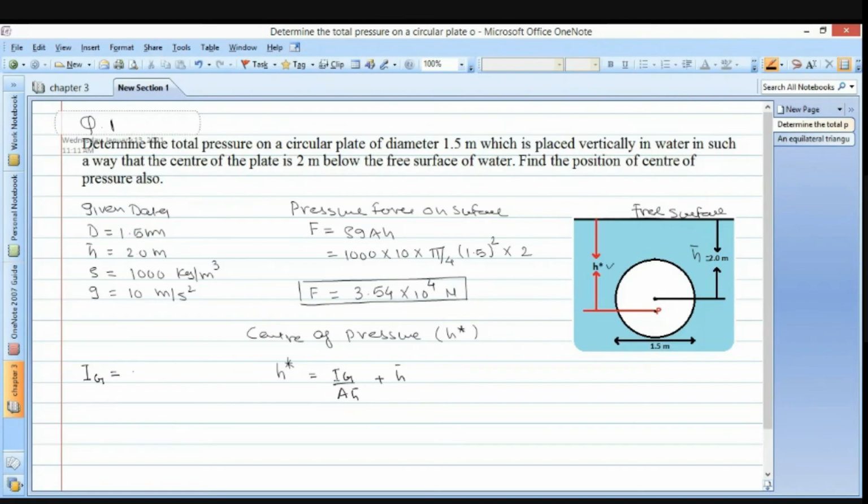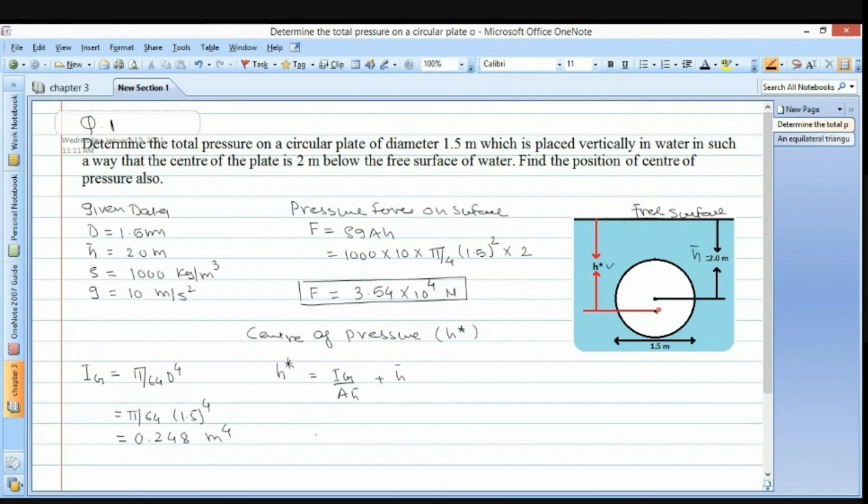Ig for the circular geometry is pi by 64 d to the power 4. So pi by 64 into 1.5 to the power 4, and we get the answer 0.248 meter to the power 4.